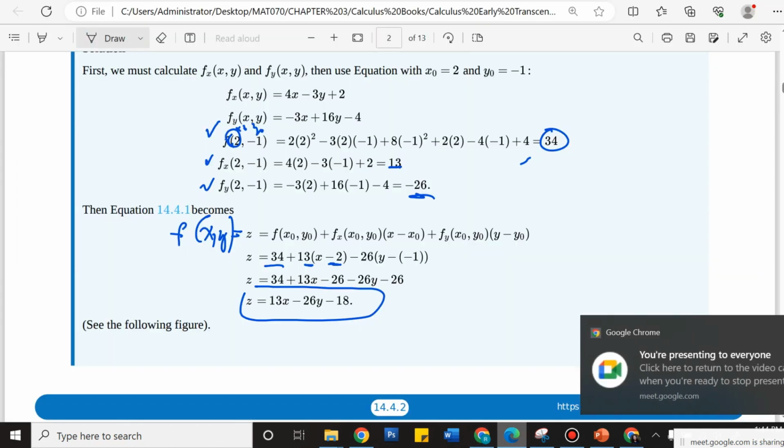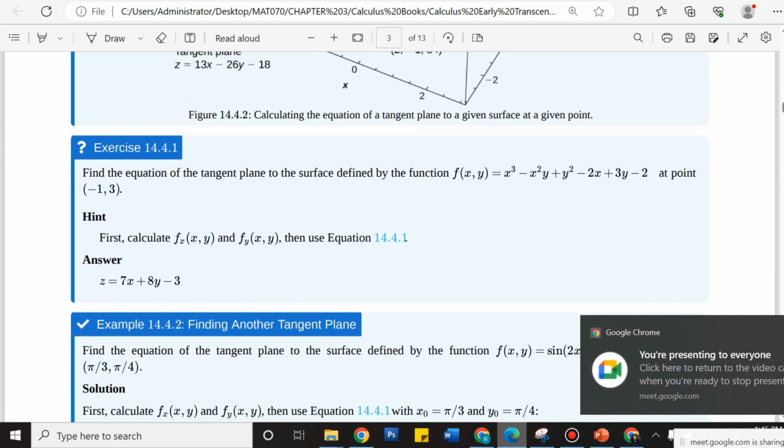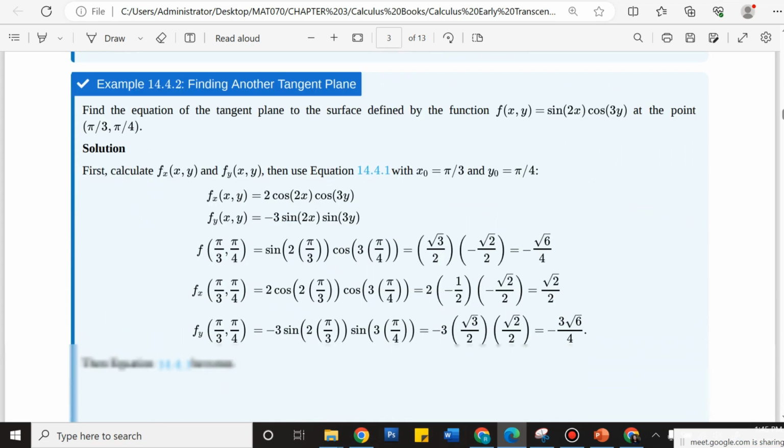Now, let's proceed to this. So let's find the equation of the tangent plane to the surface defined by kani. So similar ano, first, kaning negative 1, 3, directly substitute. After nimo ma-direct substitute, get the derivative of f with respect to x and f with respect to y.